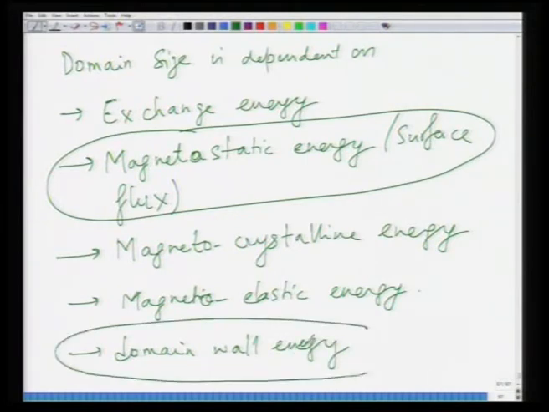So a combination of these two energies essentially governs the size of the domain, in a similar fashion as in the ferroelectric materials. Essentially, the multi-domain state requires many interfaces, but this configuration is thermodynamically stable simply because it leads to an overall reduction in the free energy of the system.